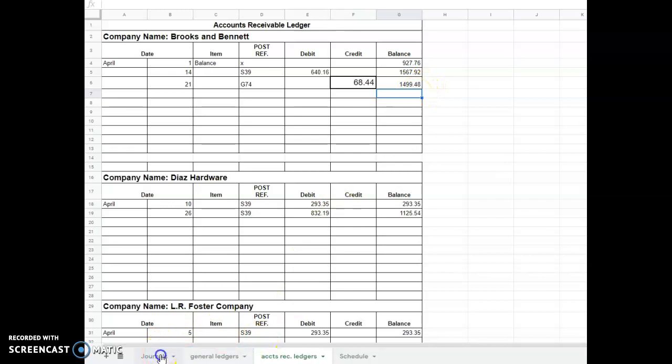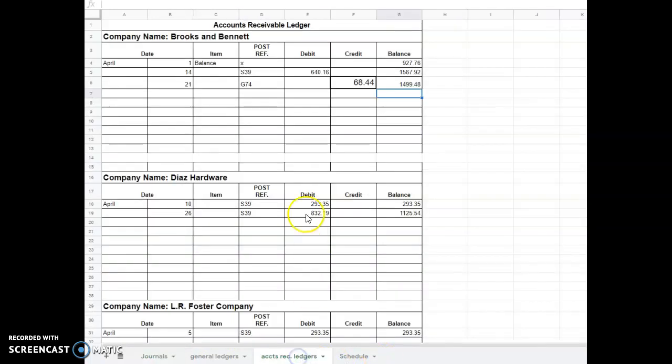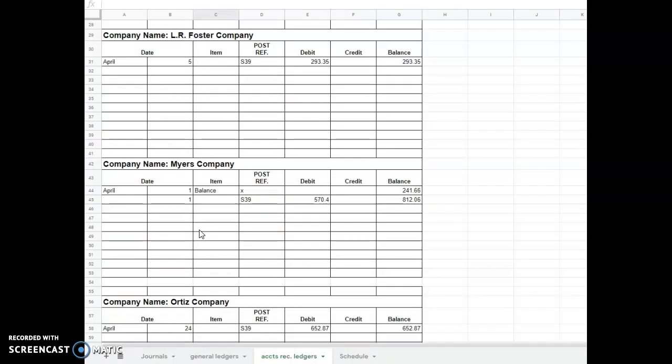So let's go ahead and jump back to the one that I missed. We're going to come up here to Myers & Company, and we're going to go ahead and find their account and credit it for the $40.70. So let's find our Myers Company on the 6th, because we jump back up.